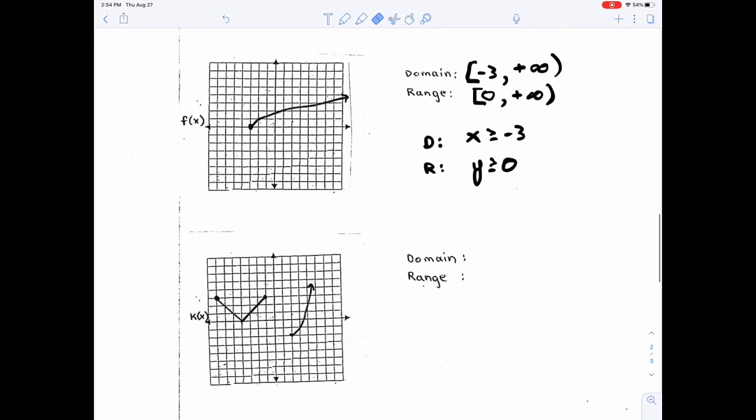Okay, how about this next one? A little more complicated. Again, this is a piecewise function. It's one function. So what's happening? Are we touching it? No. Are we touching it? No. Are we touching it now? Yes. So that's at what? 1, 2, 3, 4, 5, 6, 7. So we're starting at -7. Still touching it, still touching it.